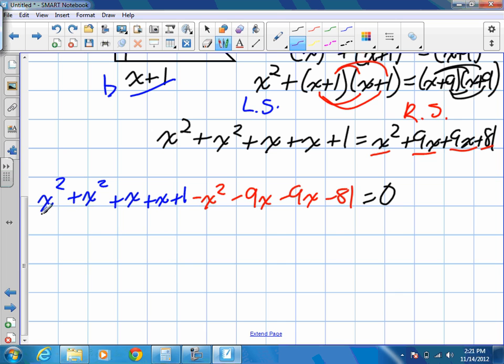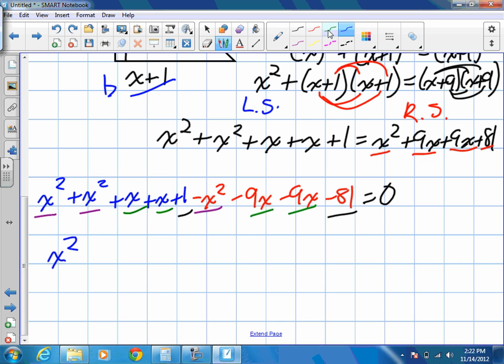Our squared terms will all combine. Our x terms will all combine. And our constant terms, I need another color, we'll do black, will all combine. So our squared terms, x squared plus x squared minus x squared. It's just going to be 1x squared.